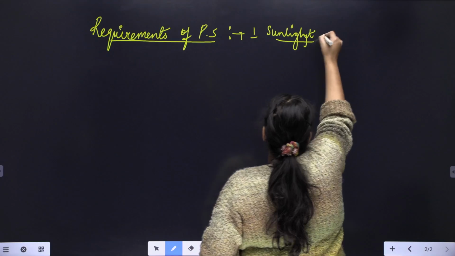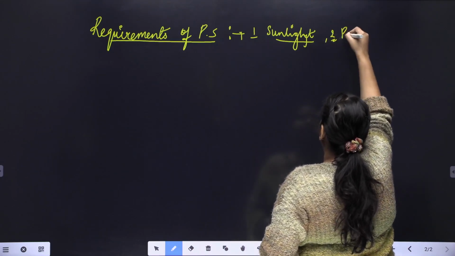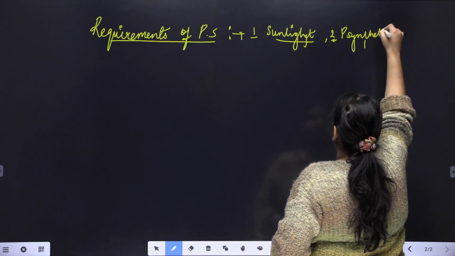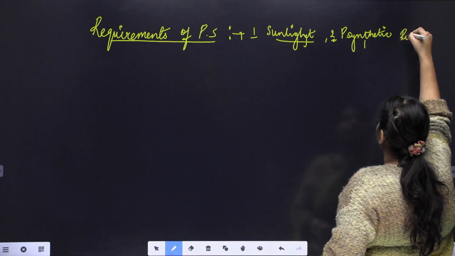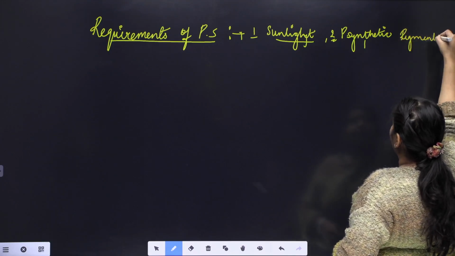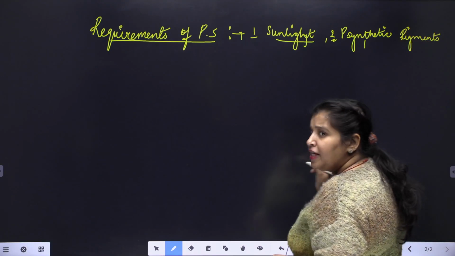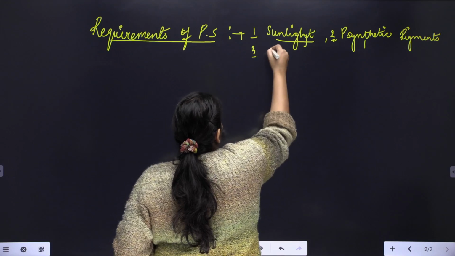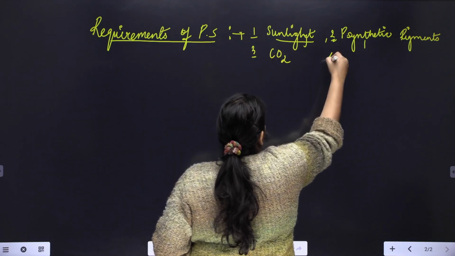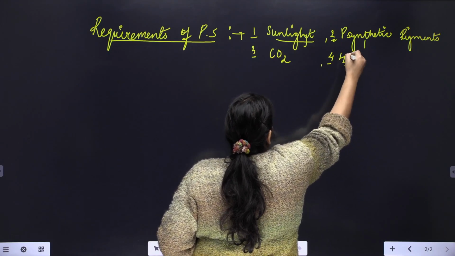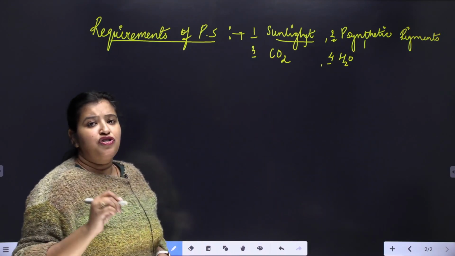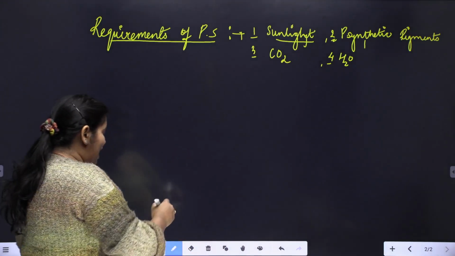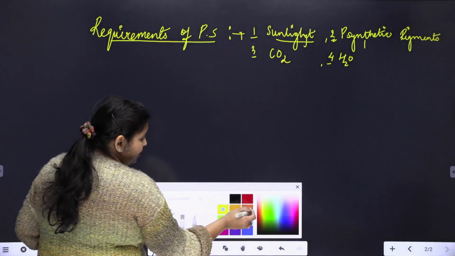The second thing which is required is the photosynthetic pigments, because without pigments, you know, photosynthesis cannot take place. The third thing that we need is carbon dioxide, and the fourth one is water. So these are the 4 essential requirements for photosynthesis. Let us have a look at them one by one.